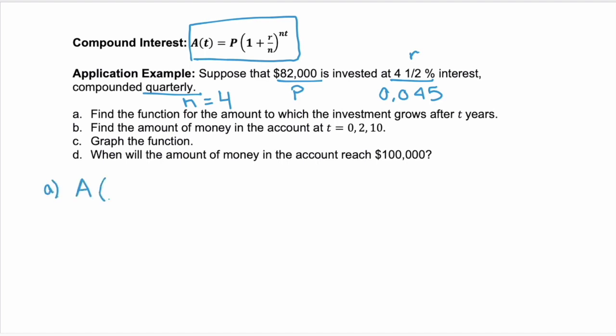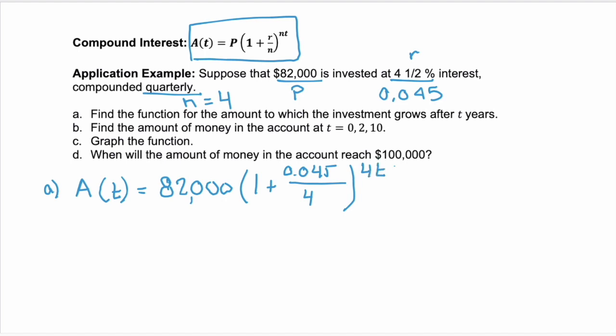So A of t would be equal to P, which is 82,000, times 1 plus R, 0.045, over N, which is 4, to the power of 4 times T. And we don't know the time.